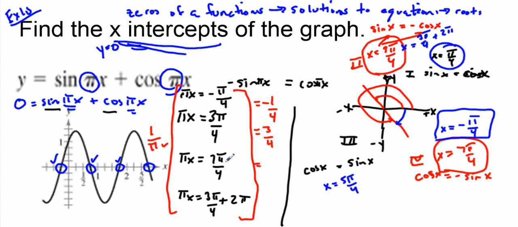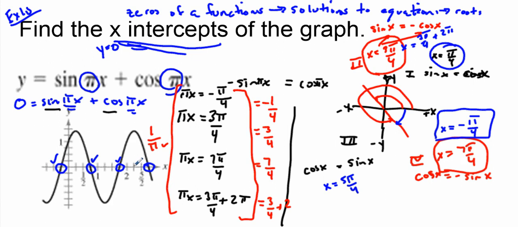This one's going to turn into 7/4. Now 7/4 is going to be 1 and 3/4. Yes, 3/4, perfect. Now this last one, look at this. It's going to be 3/4 plus 2, which would be 2 and 3/4.